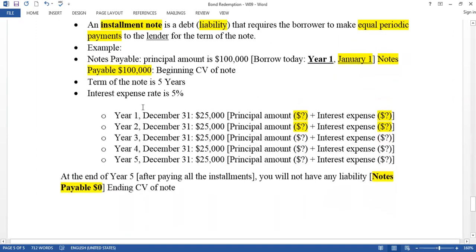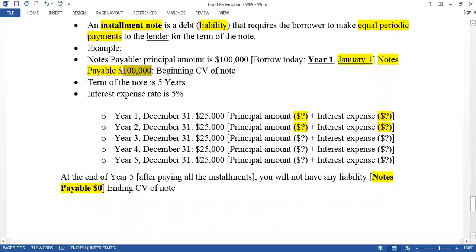So if this is the story, your note is $100,000, it is 5 years and the interest rate is 5%. So that means every year we know this information, 5%.